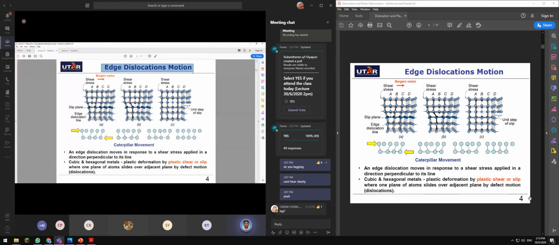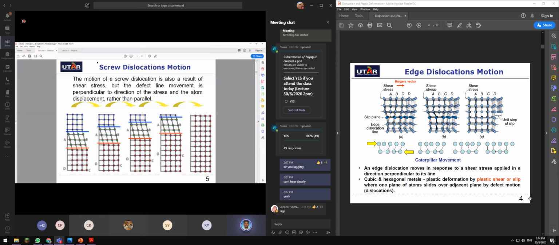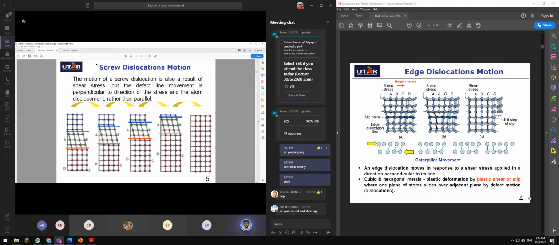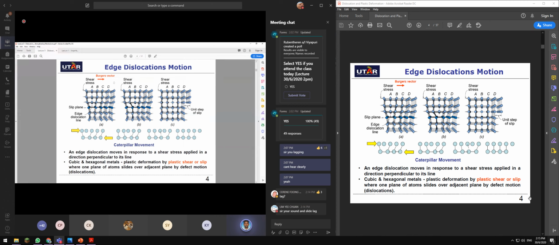There is also another dislocation, which we call screw dislocation. The difference between edge dislocation and screw dislocation is that for edge dislocation, when you apply shear stress in this direction, the dislocated extra plane moves in this direction, which is parallel.